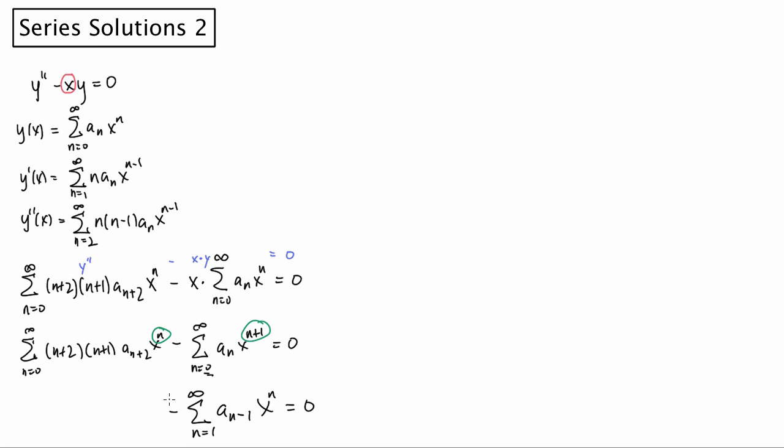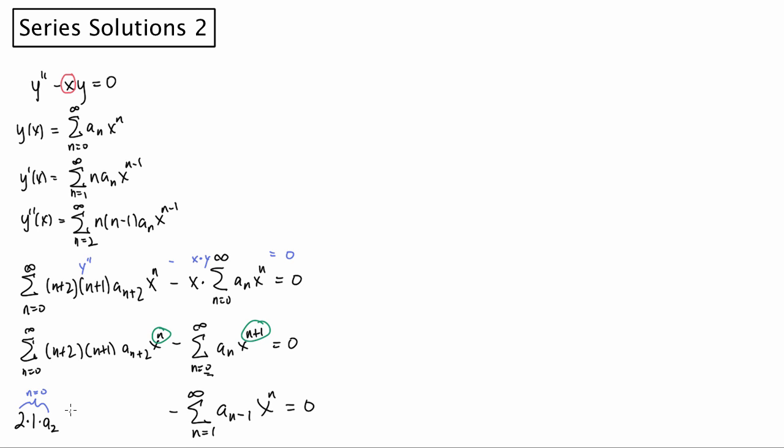Well, the easiest thing to do is pull out specifically the n equal to 0 term. So if I plug in n equal to 0, I have 2 times 1 times a sub 2, and this would then be x to the 0, which is 1. So this represents what you get when n is 0 from the sum.